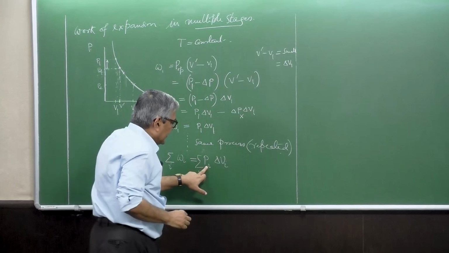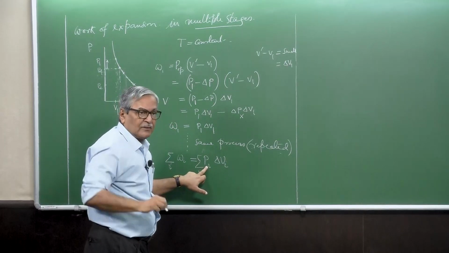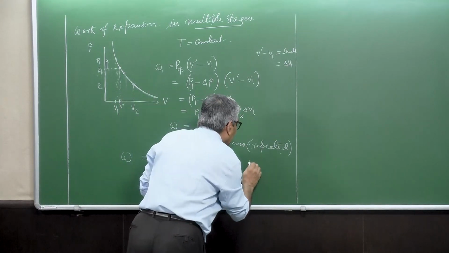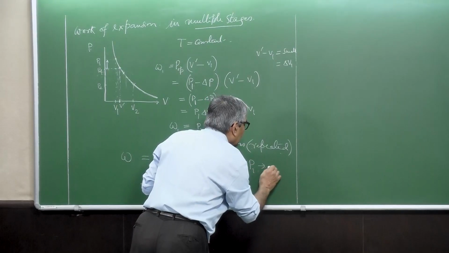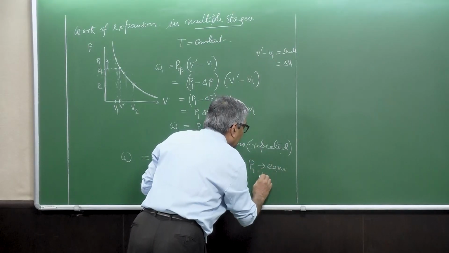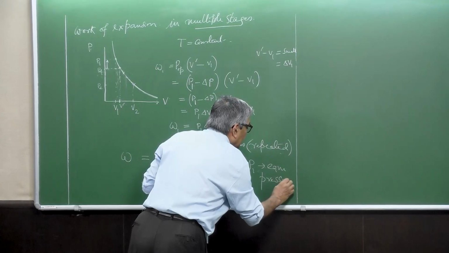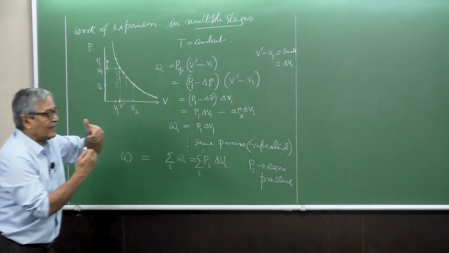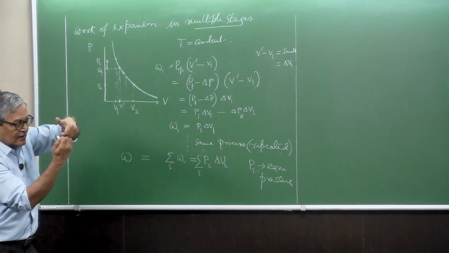So for each step, each Pi is an equilibrium pressure for the gas. That means inside and outside I always keep it the same.